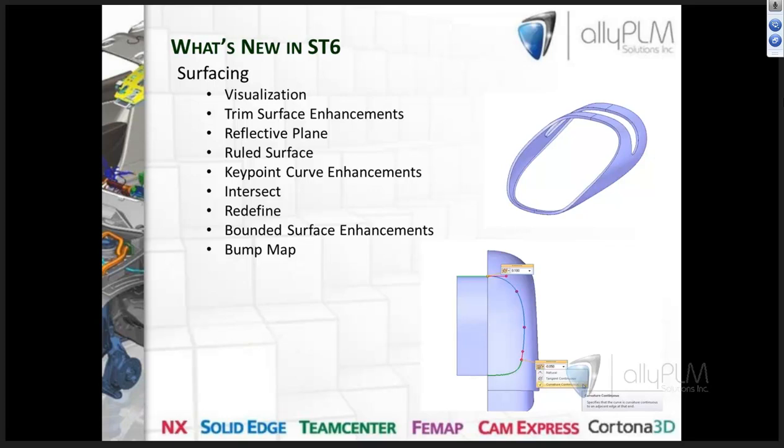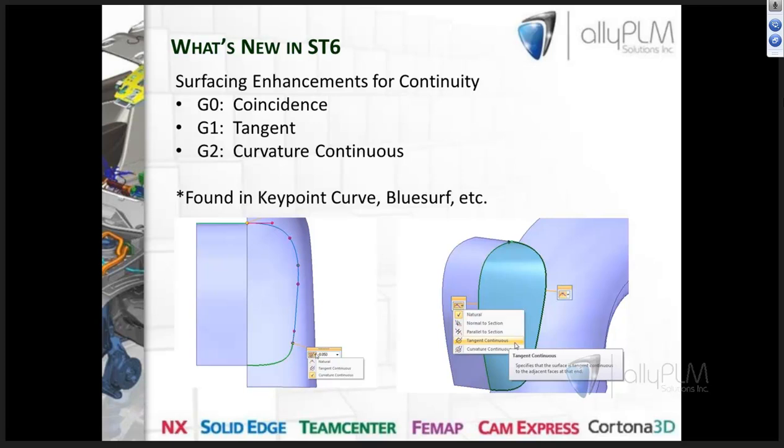This is a really, really neat tool. And some bounded surface enhancements and some rendering ideas, some visualization ideas to make your textures, your bump maps look a little more realistic. We're going to talk about all those throughout the demonstration. That's why I went through them quickly.